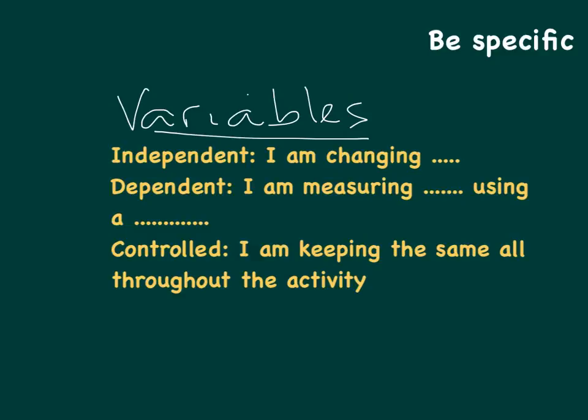Then you might tell me what you're measuring, or your dependent variable. I am measuring time using a stopwatch, or I am measuring volume using a measuring cylinder, or whatever. And the third thing you might like to tell me about is your controlled variables. Now be specific and name them. Most important.